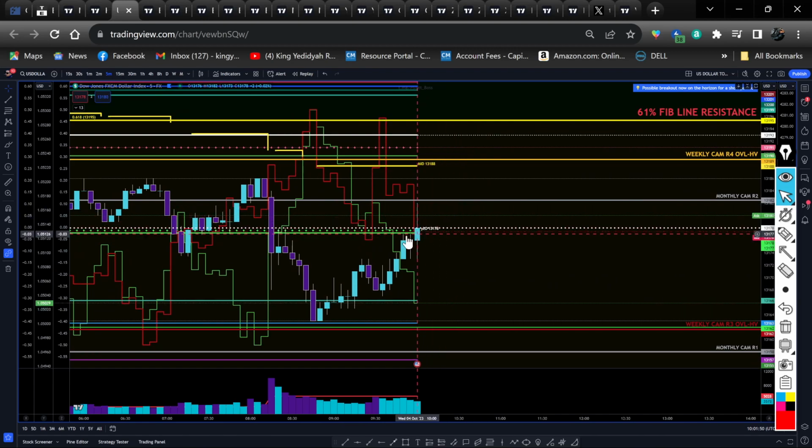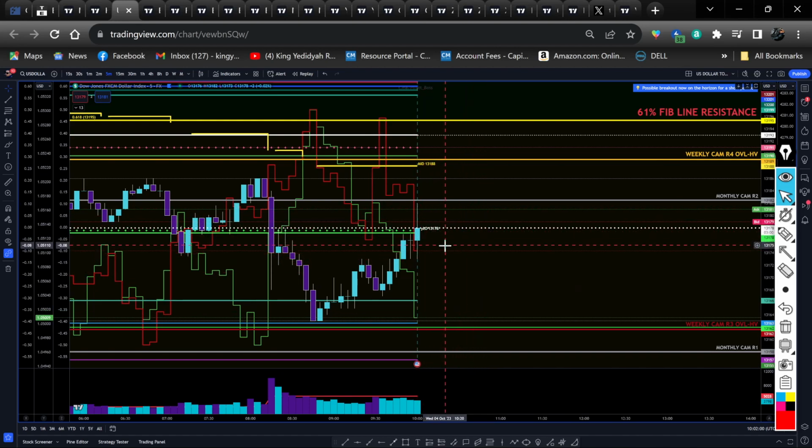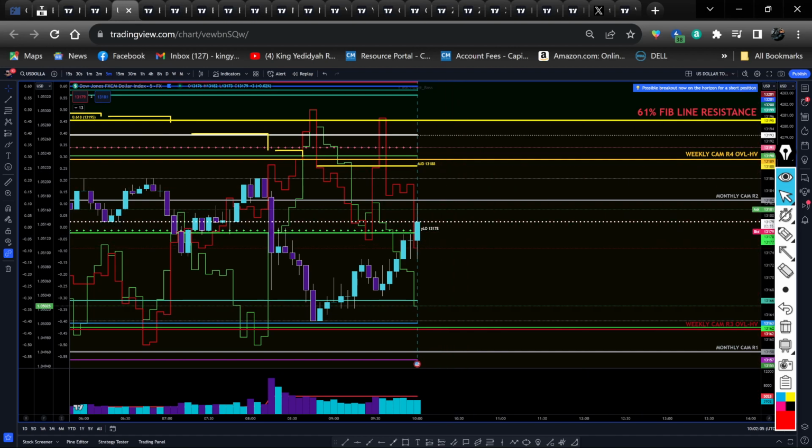So we had the US dollar chart now pushing above CAM S4, but still whipsawing. So I gotta see what direction it really wants to take. The ES broke down from, let me show you on Bookmap.